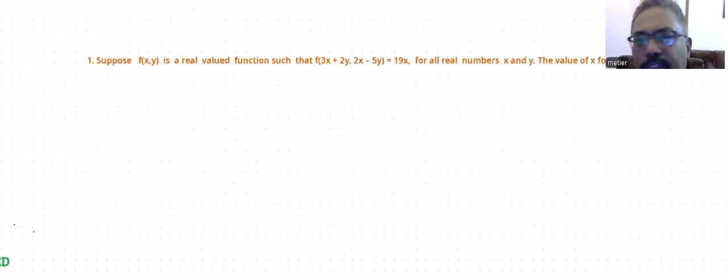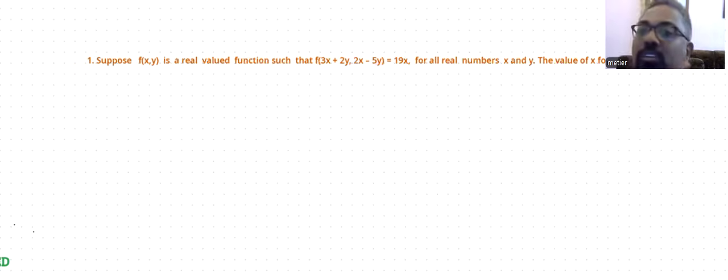So it is a very simple question of function, all the data are given. You just have to observe what they are trying to say. Check it. Function f of x, y is a real valued function, means x and y are real, such that f(3x plus 2y, 2x minus 5y) equals 19x.